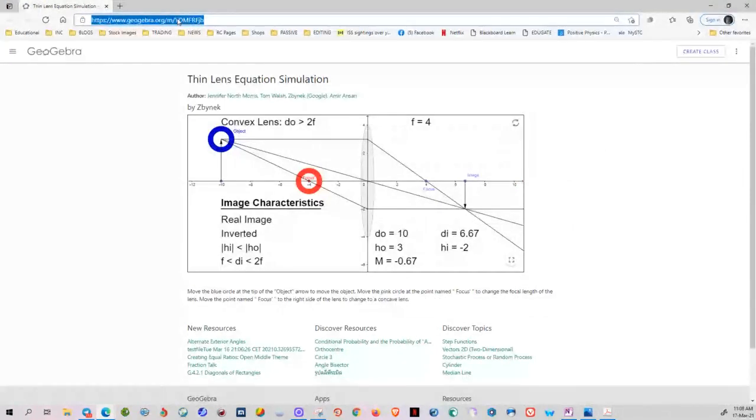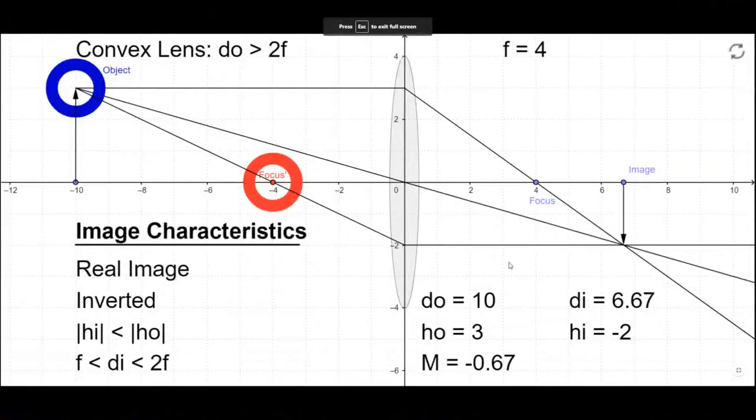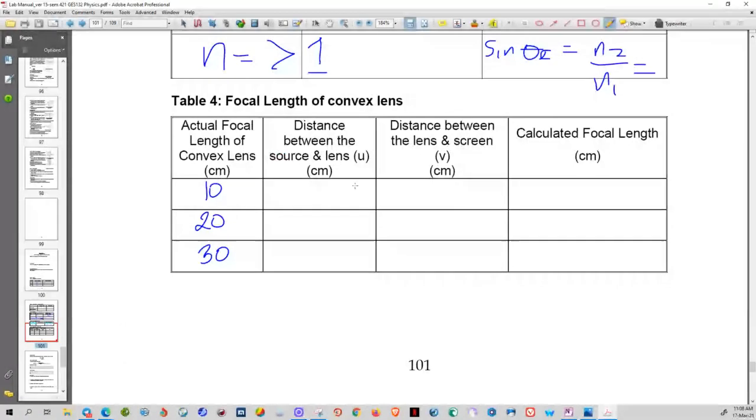I will send the link in the chat, and in your GC, okay? What you will do is make full screen. What are the values of the focal length that we want? As I said, 10, 20, and 30 centi.